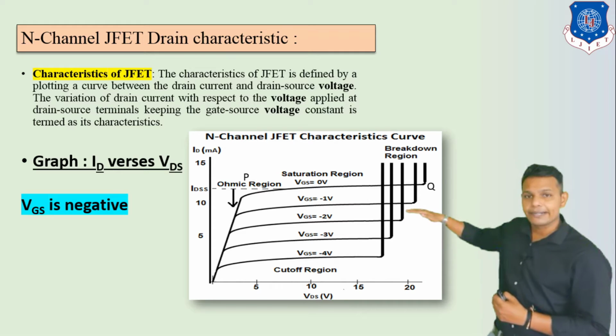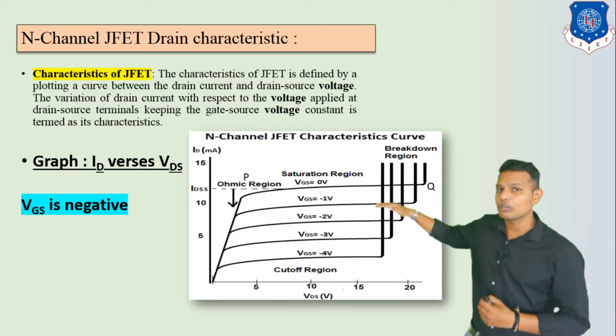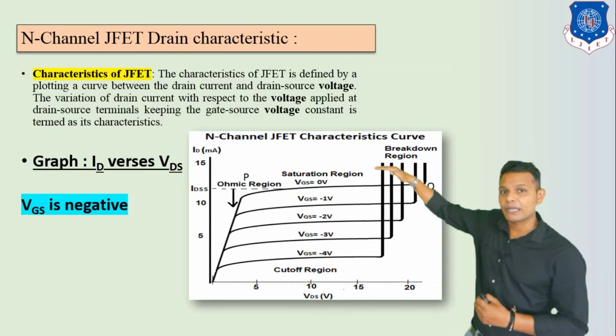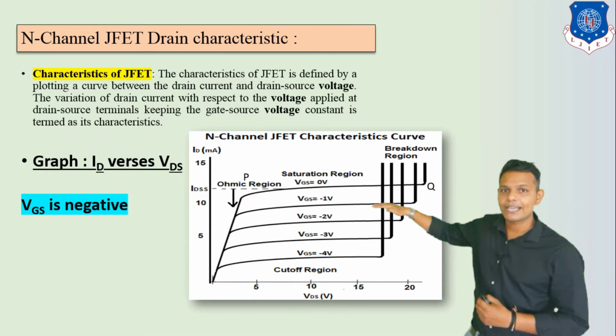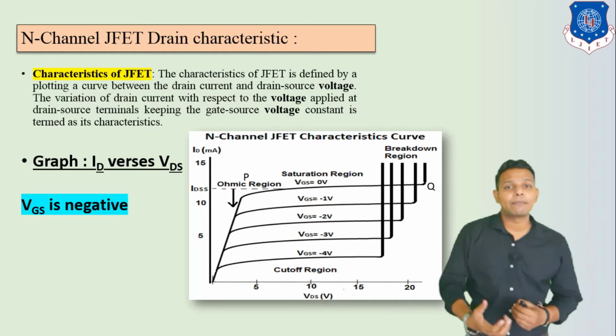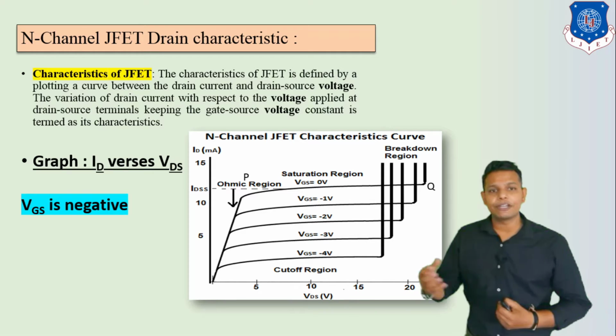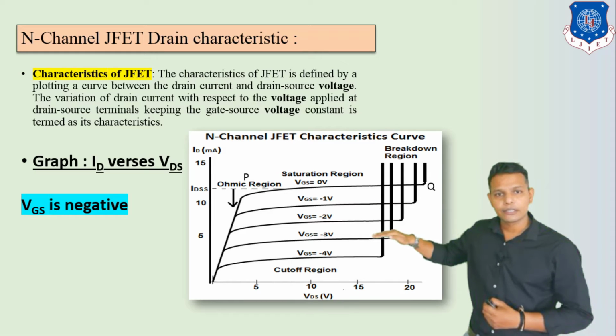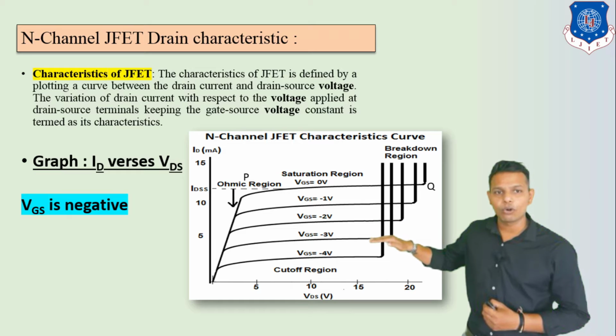Here we can see in the characteristics, if VGS is equal to -1 volt, at this time your IDSS becomes your ID here. So basically ID is reduced in this characteristics. If we apply more negative voltage like VGS equal to -2 volt, then it also decreased here. Then VGS equal to -3 volt, so it reaches this point.